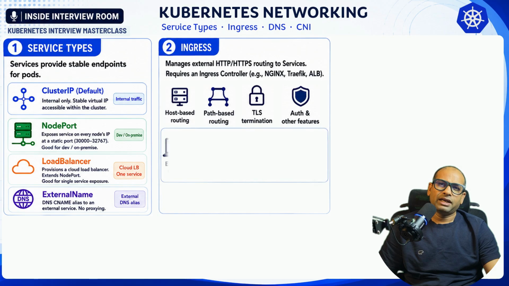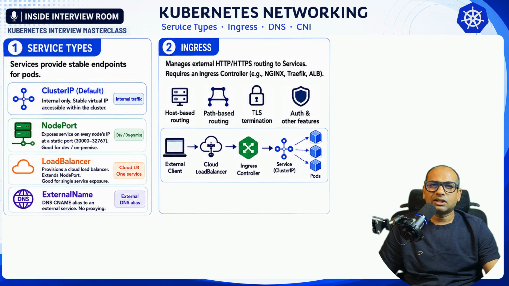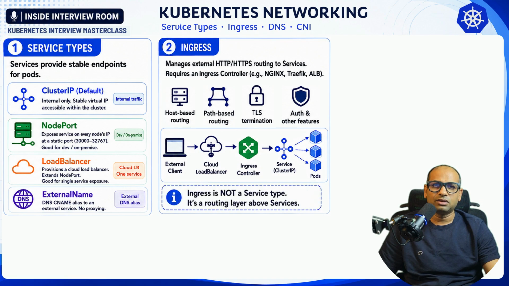So basically, the external client hits the URL, it goes to your cloud load balancer. Then the load balancer passes that request to the ingress controller. The ingress controller actually routes the traffic through the service to the end of your pod. Again, ingress is not a service type, it's a routing layer above the services.